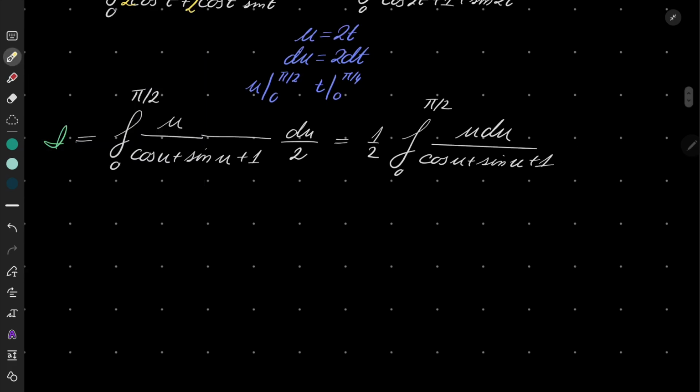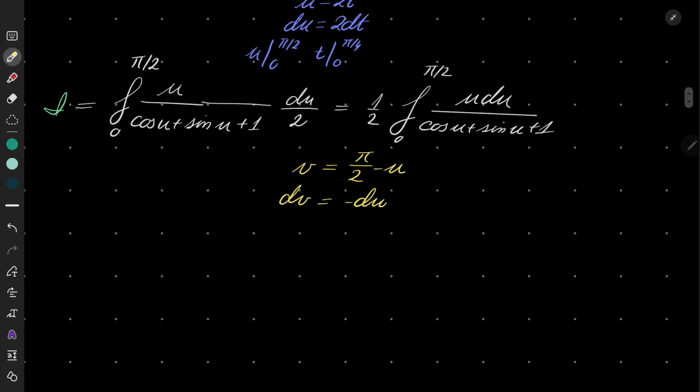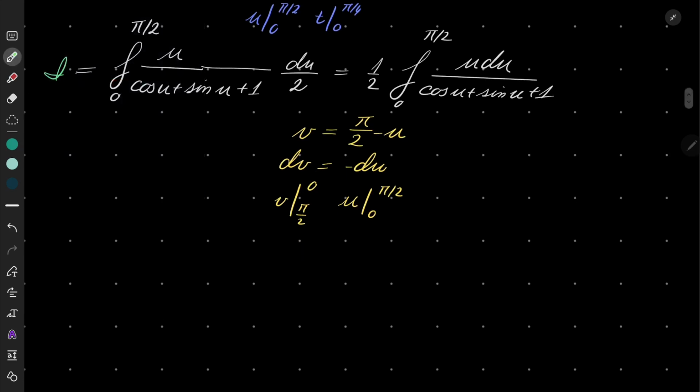Okay, that's one way to express our integral, and here is another way. Let's put v to be pi over 2 minus u. Then dv equals minus du. And what about the bounds of integration? Since u goes from 0 to pi over 2, v goes from pi over 2 to 0. So our very same integral can be written also in the following way: 1/2 integral from pi over 2 to 0.